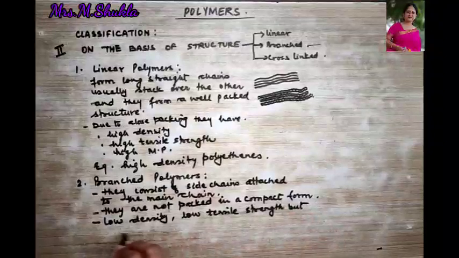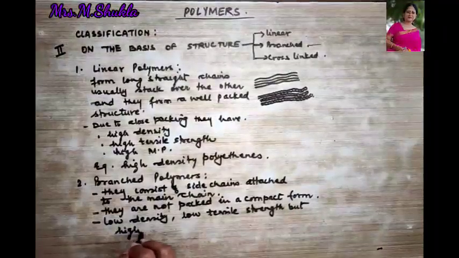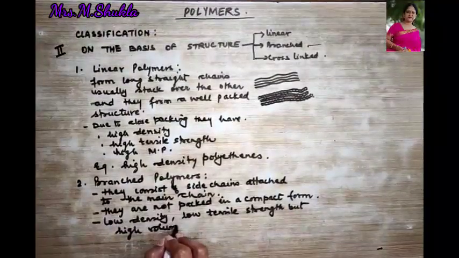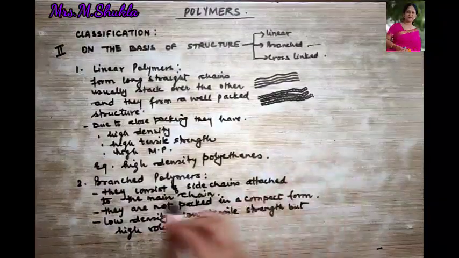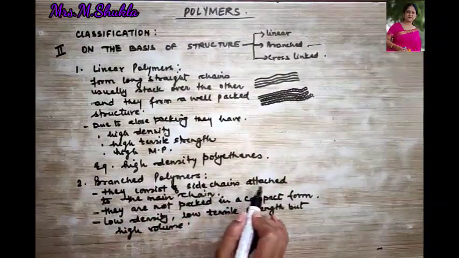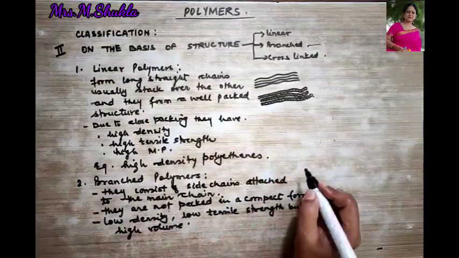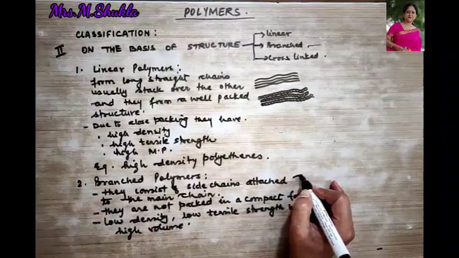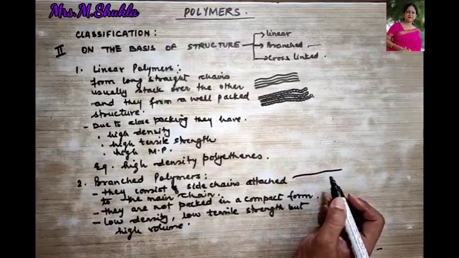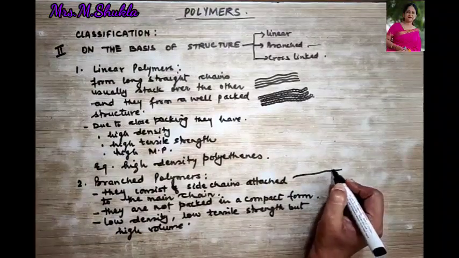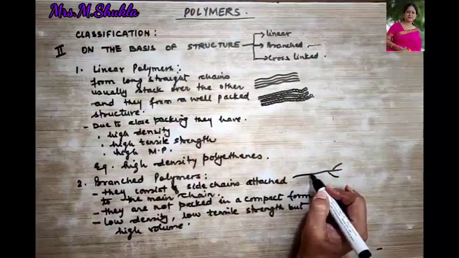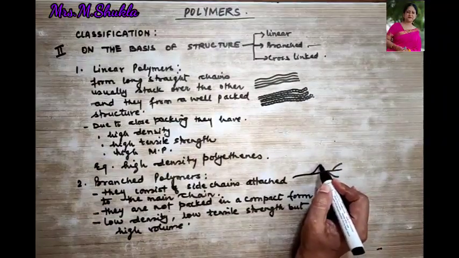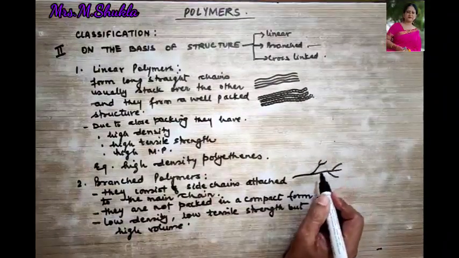Let's see the figure. As I told you, they consist of side chains attached to the main chain. So this is the main chain, and they also contain side chains. The side chains could be like this, in the form of a tree trunk.